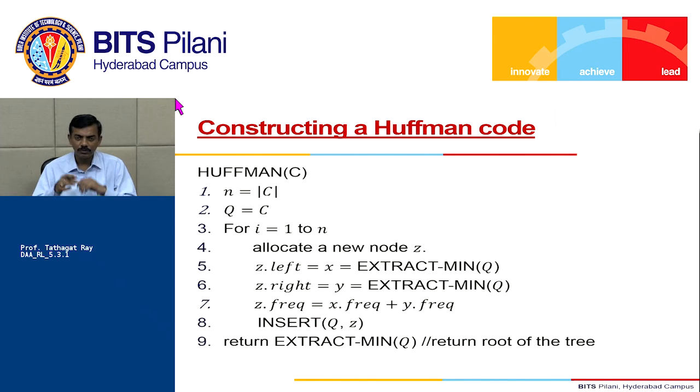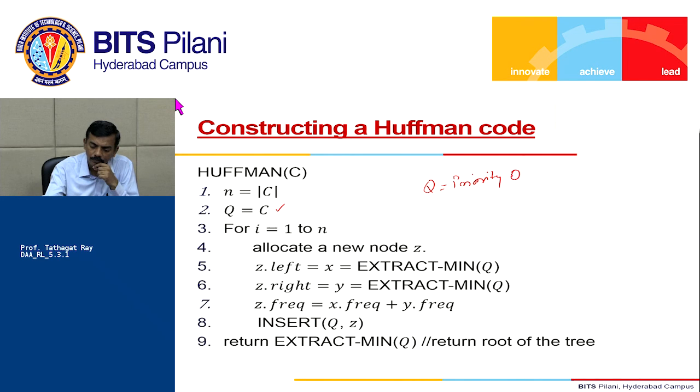Then what you do is you form a priority queue, where the priority is based on the frequency of the characters in C. So Q is equal to C; Q is the priority queue, and the key is essentially the frequency.